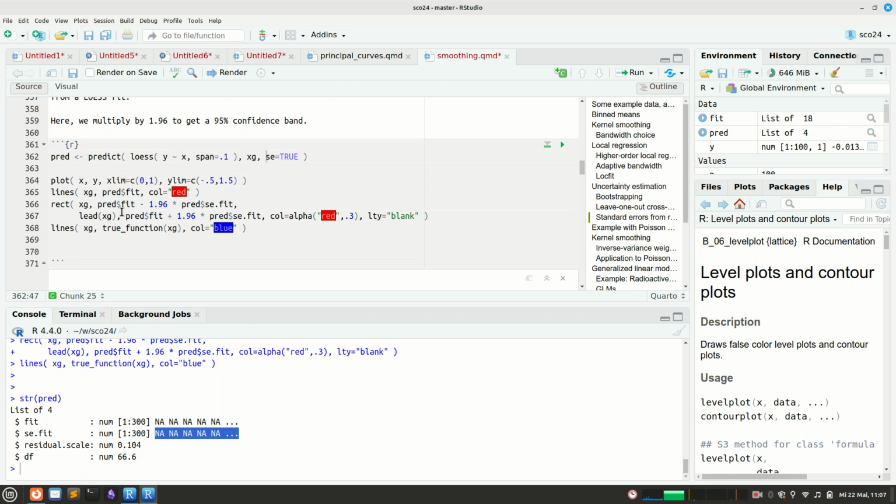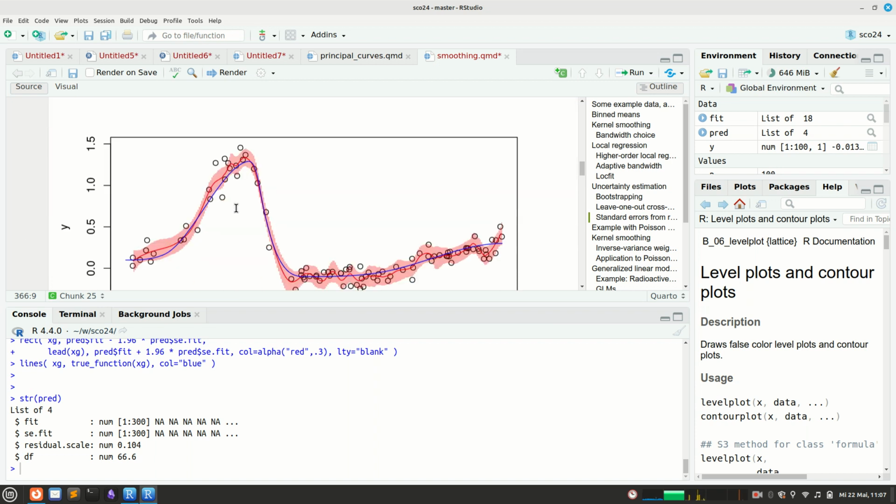And as you can see, I take my fitted values and I add the standard error and subtract the standard error in order to make these pink boxes. I multiply it by 1.96 because I want a 95% confidence interval.